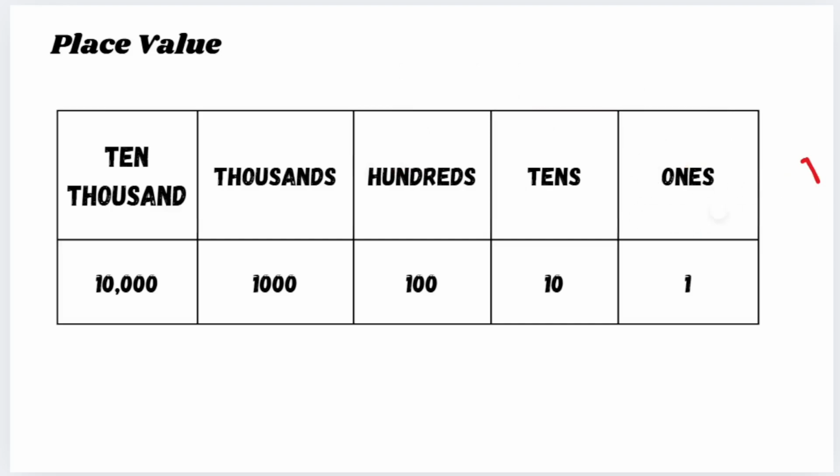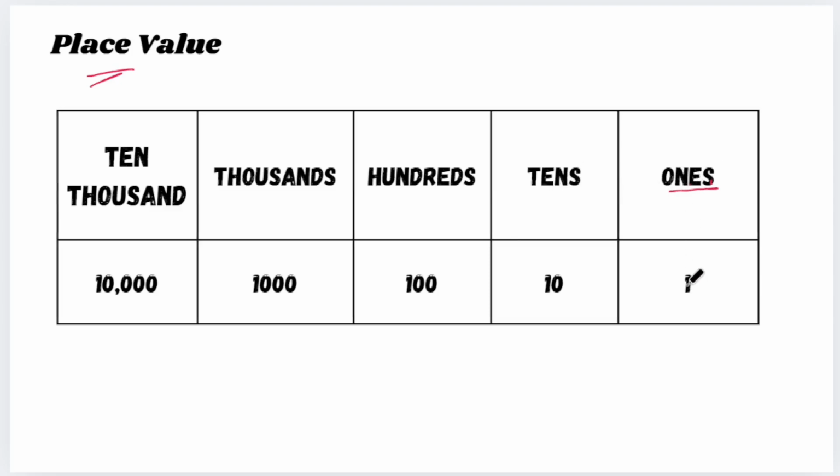Let me teach you one more time. Okay. So, place value. What is place value? We have to find in which place the number or digit is. Always the last digit will be ones.